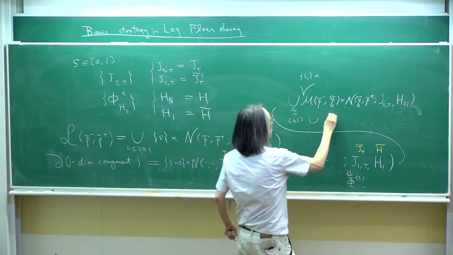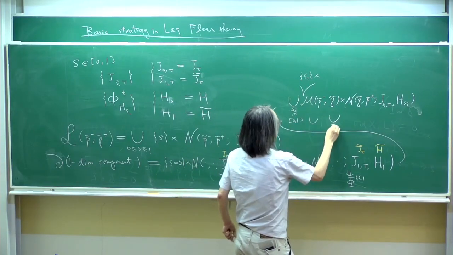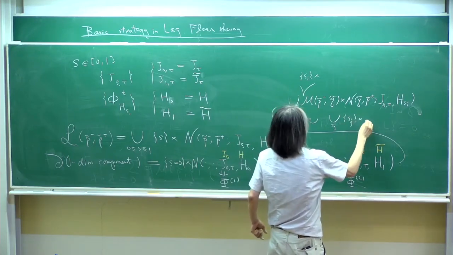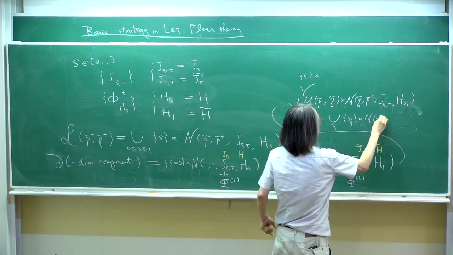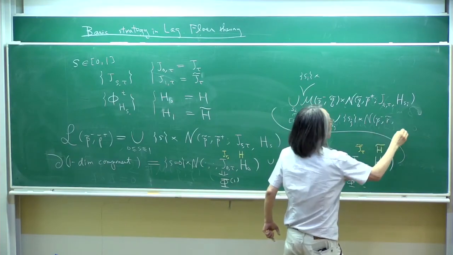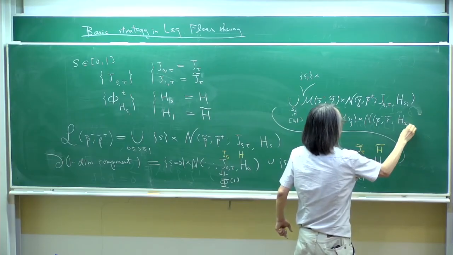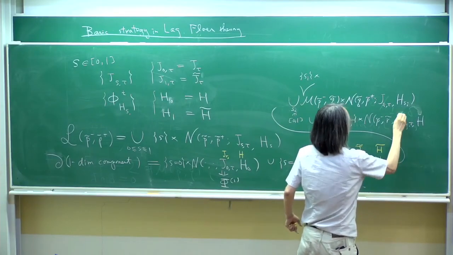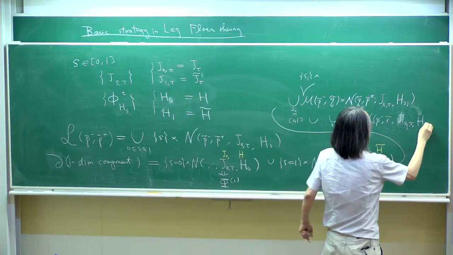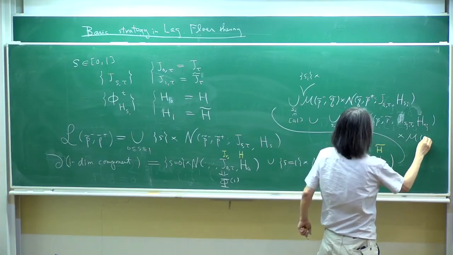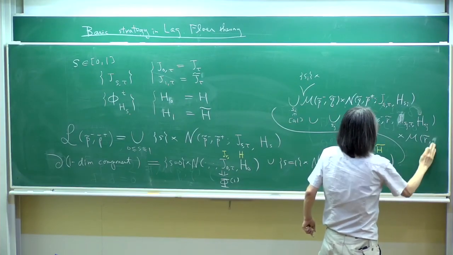And then I have another term, so this is maybe S_j, and then here S_j, and then this N of P tilde minus, and R tilde, and H S_j tau, and J S_j tau, and H S_j times M of R tilde and P tilde plus.